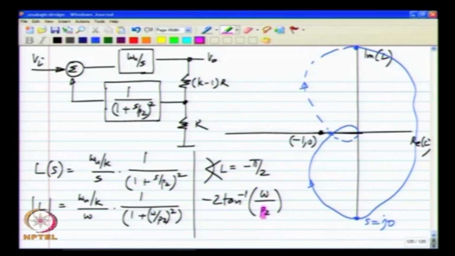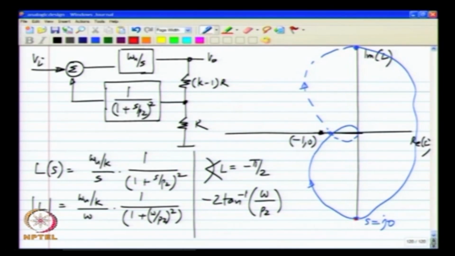If I reduce the value of P2, the phase lag increases, because the argument inside here increases, and the magnitude also decreases, but maybe the effect on the phase is more prominent than the effect on the magnitude. Okay. So, for a smaller value of P2, the curve will look something like that.